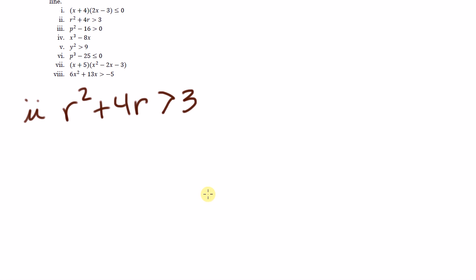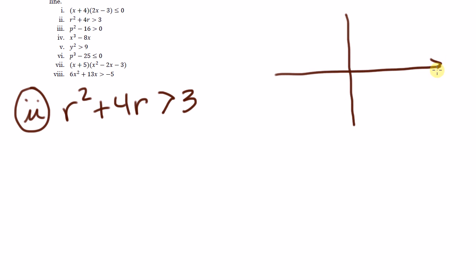I could use the quadratic formula if I wanted to, but intuitive algebra trumps the quadratic formula, in my opinion. I would much rather do some intuitive, draw a line, pick some negatives, pick some positives, and see what happens. Or do some intuitive graphing. So okay, we have r squared plus 4r.